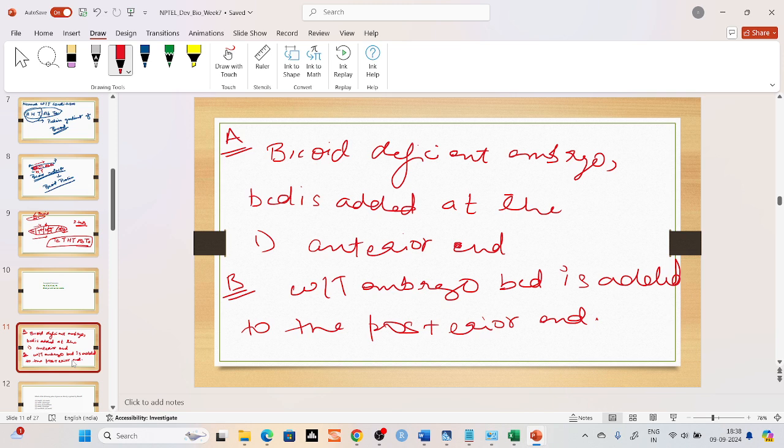Think. We have already dealt with the phenotype of a wild type embryo, and we already know a little bit about the deficient embryo also.